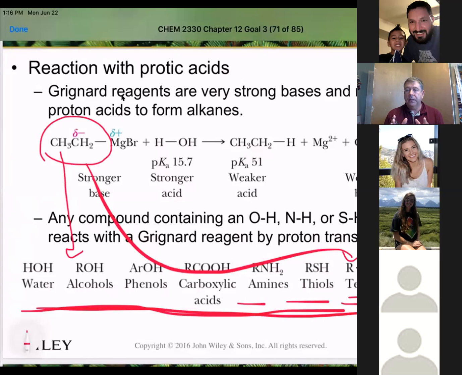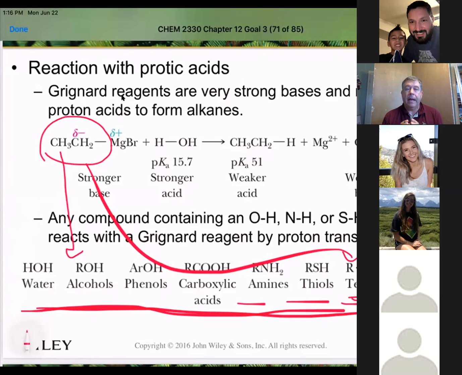What does that mean for us? It means we can't use anything that's more acidic than acetylene in our solution, or else it will react. Which means we're going to have to choose our solvent very carefully, but it also means that, look, notice none of these are aldehydes or ketones.